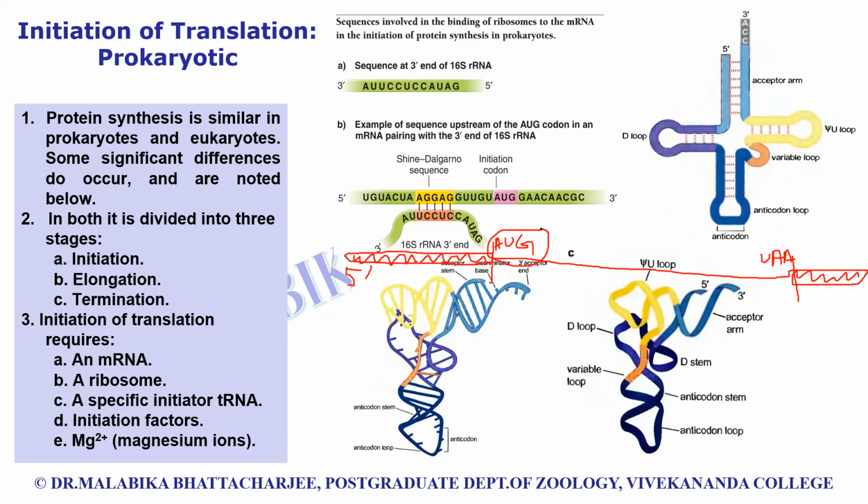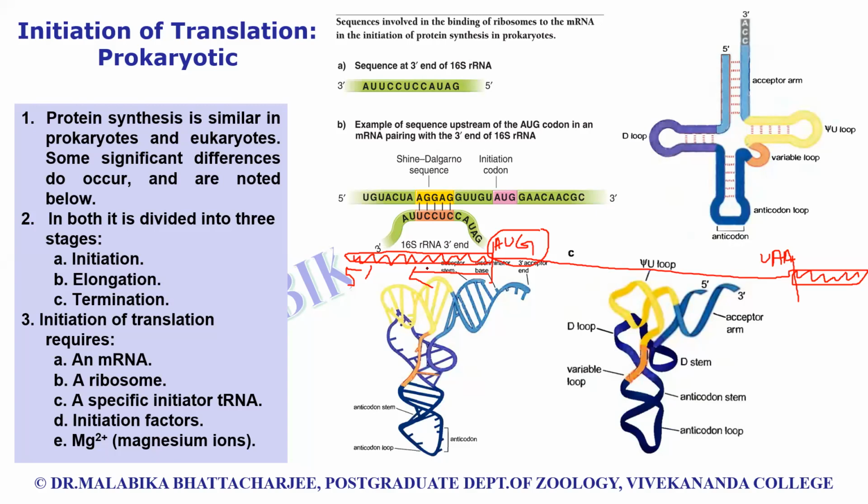It has been seen that a sequence upstream of the AUG codon in the mRNA is called the ribosome binding site, and this sequence is necessary for the 30S subunit to recognize the mRNA and bind to it. This sequence was discovered by John Shine and Lynn Dalgarno and is a purine-rich sequence.